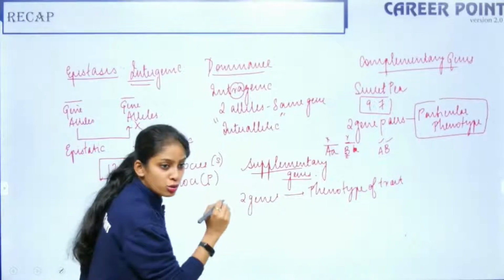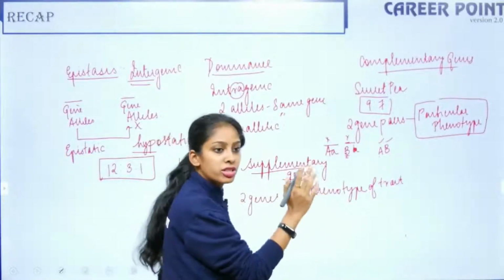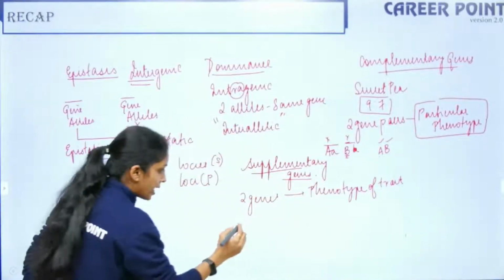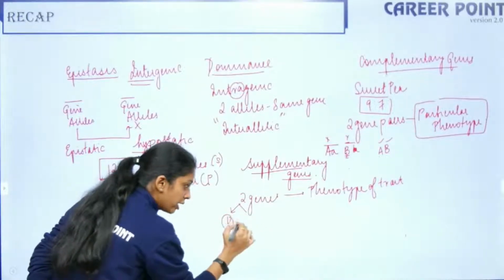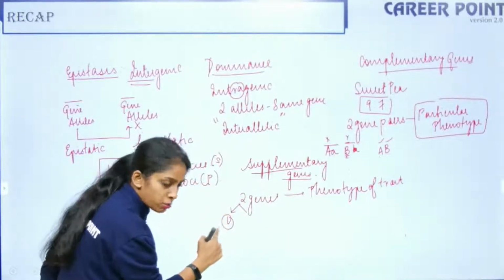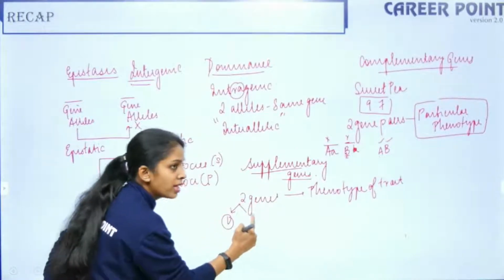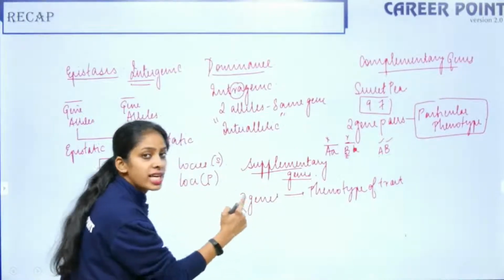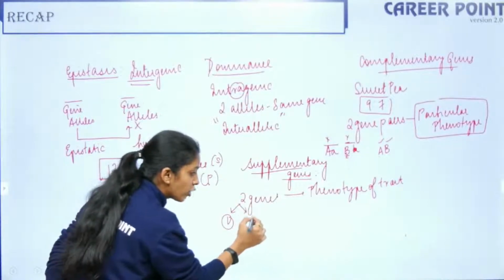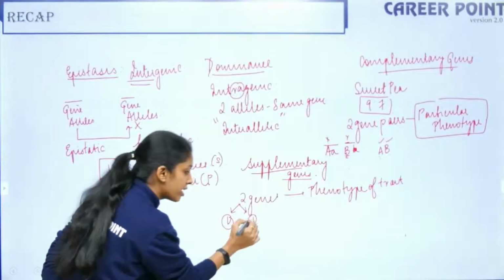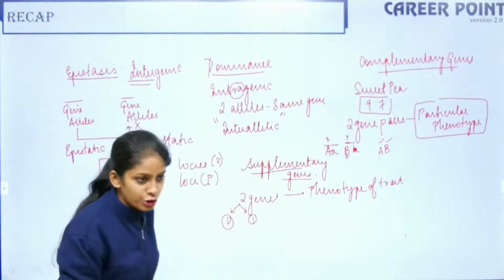I have two genes which control the phenotype of a trait. But out of these two genes, in one gene the dominant character is expressed only if the dominant character of the other gene is expressed, whereas the dominant character of the other gene is expressed irrespective of this dominant gene.